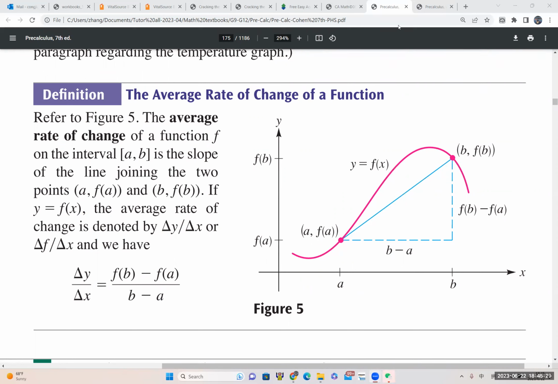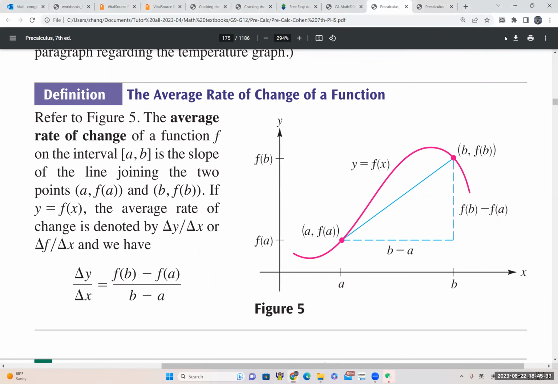But for each place, for example here, maybe the change is like this. But here, the change is smaller than this, right? Here is bigger than this. But this just means the average rate of change. So to get the average rate of change, you need a start point and an end point.